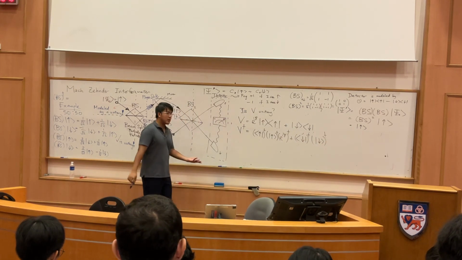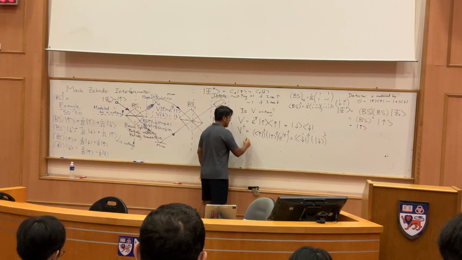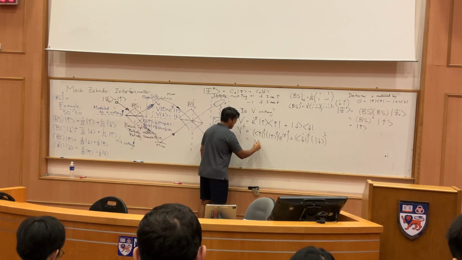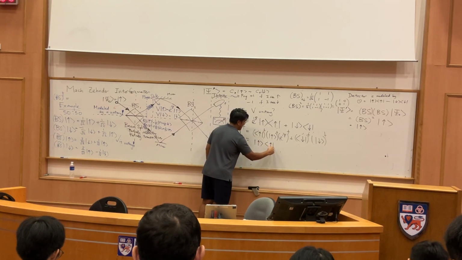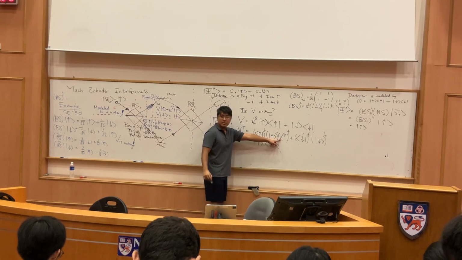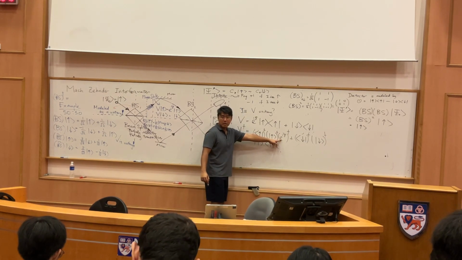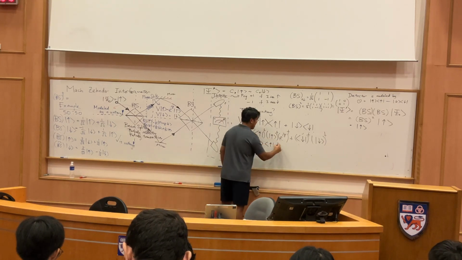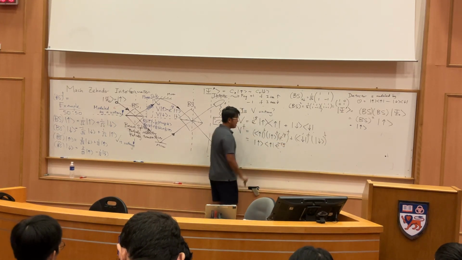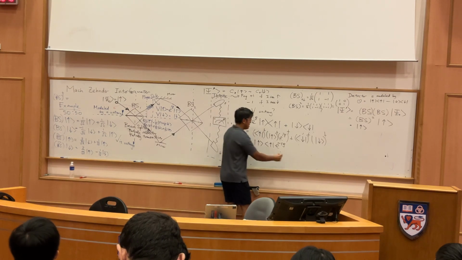Then I use the fact that the ket is turned into a bra, the bra is turned into a ket. And for complex numbers, the adjoint is just complex conjugation. This is minus i phi here. This becomes down.